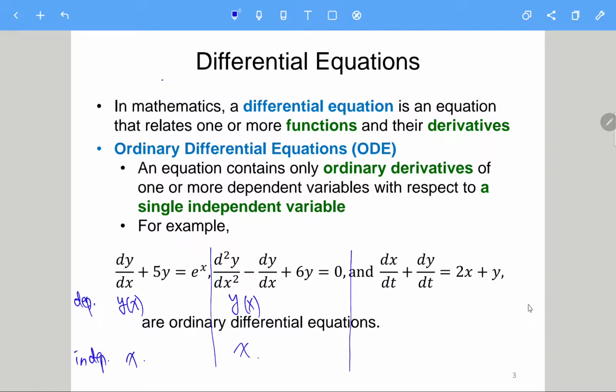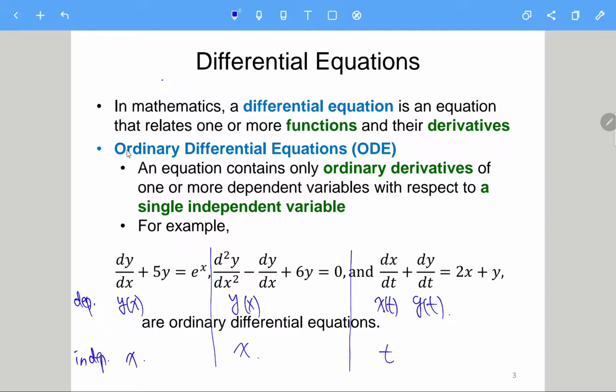And for this one, x and y are also dependent variables. x, y are all depending on t, which means x, y are functions of time. And so the independent variable is t for the third equation.